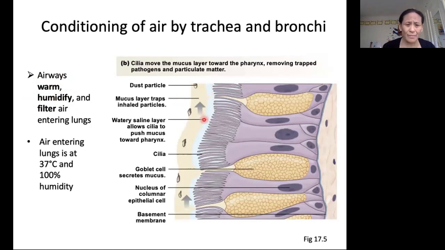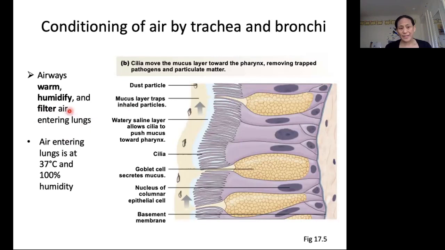The water becomes airborne and gets added to the air that enters our lungs. By the time our air makes it to our alveoli, the air is 100% humidified, okay? And that's important because you need a moist surface for gas exchange to happen.